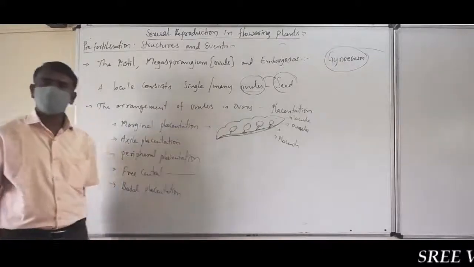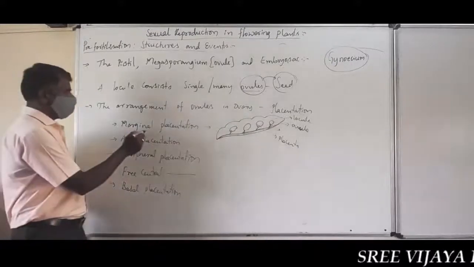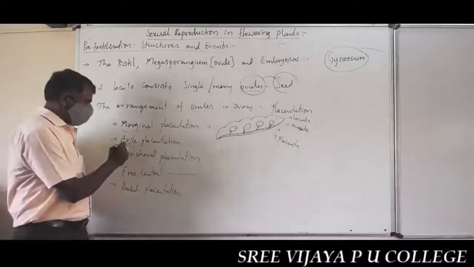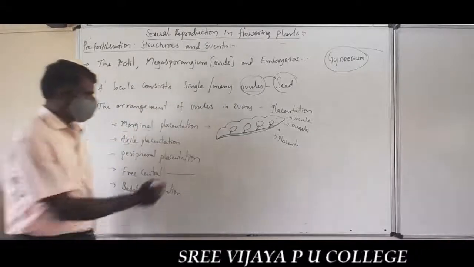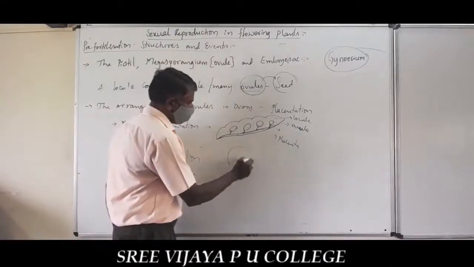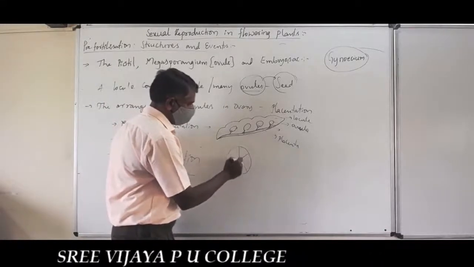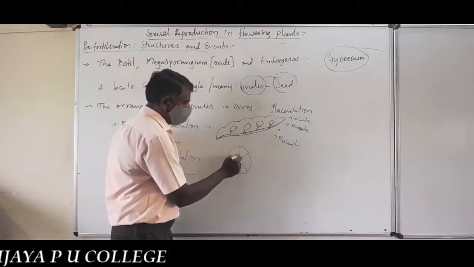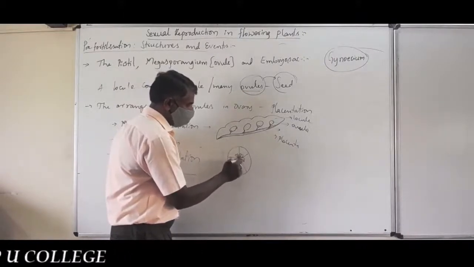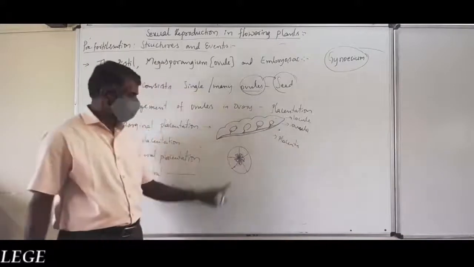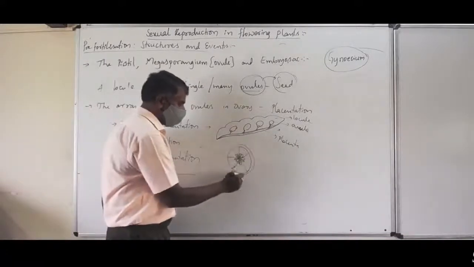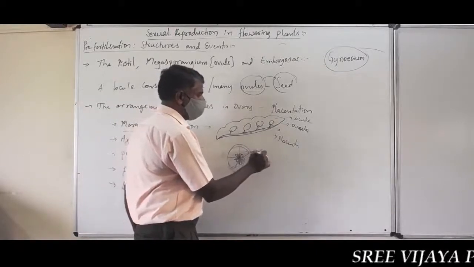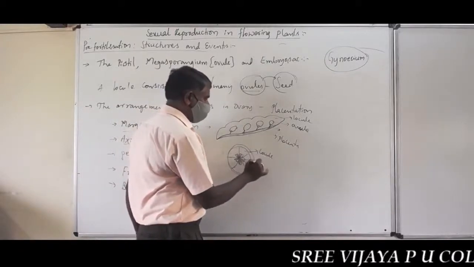First, marginal placentation. Then axial placentation, as in hibiscus, where each locule consists of two ovules.